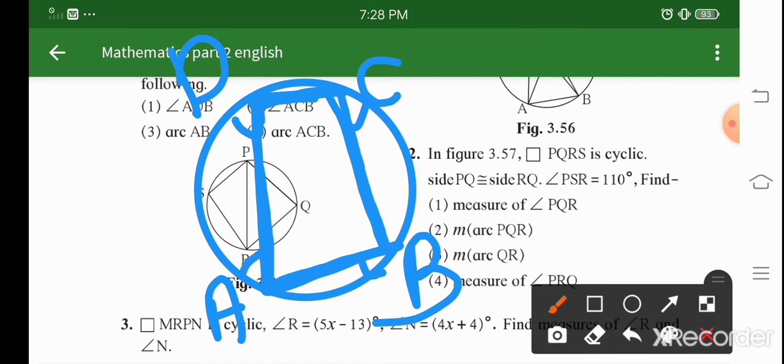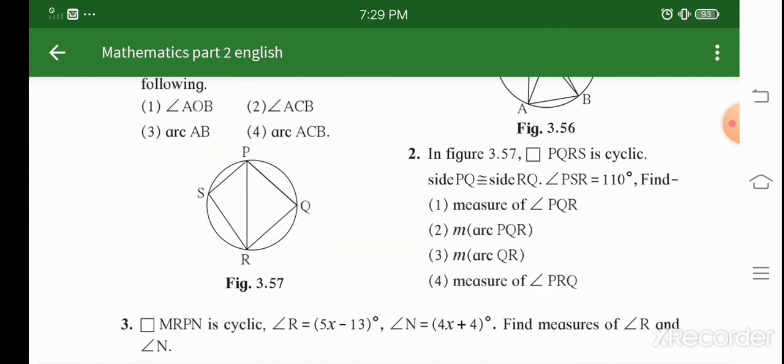So this exterior angle is congruent to the angle opposite to its adjacent angle. What is the adjacent side of this angle? This and this. So these are the adjacent sides, and the opposite is this. So this exterior angle is congruent to the interior angle opposite to its adjacent side. Similarly, for this one it will be this, and for this one it will be this. This is the property. Okay.